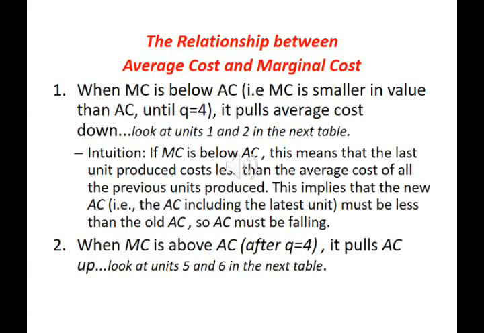In the previous figure, where we had the different cost curves, we had the average cost curve, the average fixed cost curve, and the average variable cost curve. We talked about these different average cost curves, and also about the relationship between the average cost and the average variable cost curve, and how the gap between them keeps decreasing.